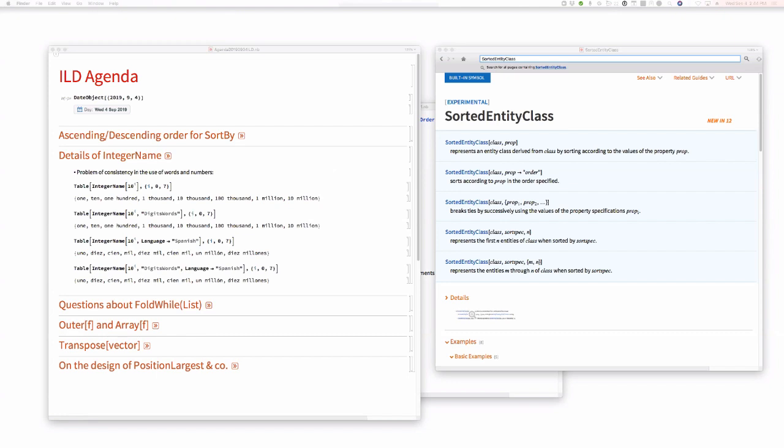Let's see if I can pull it up. Ancient number representation? No, I was looking for the interactive thing. Oh, it's in your Dropbox.